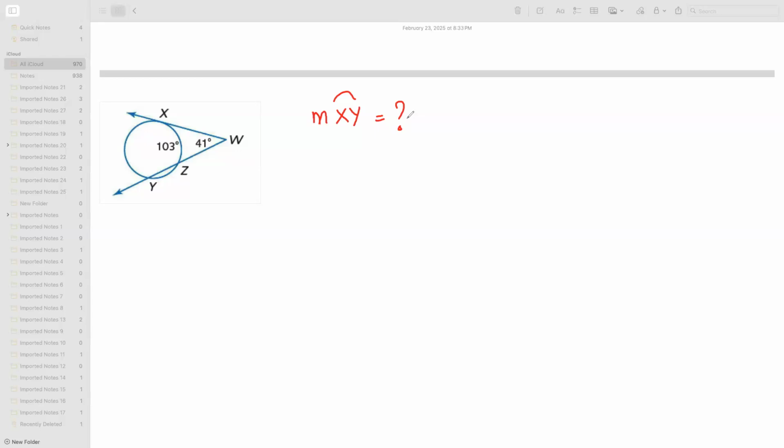XZ is given as 103. XY is the bigger arc actually. I'm not sure how to describe it. Chetan, we'll just leave this on you. It's a little tricky. Let me wait and see how you guys do.